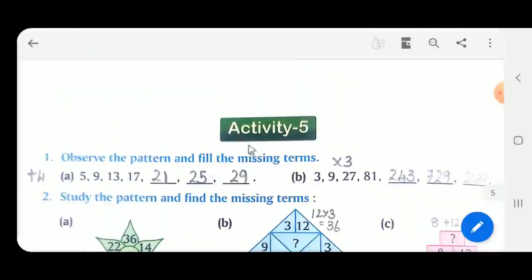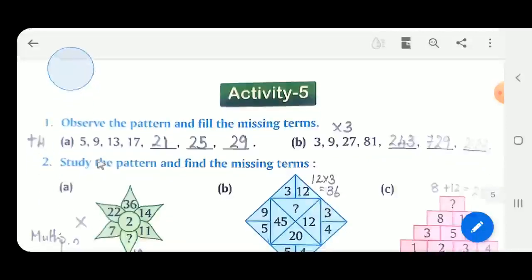Then activity 5, observe the pattern in the missing terms. 5, then comes 9, that means 5 plus 4 is 9. There is addition of 4. 17 plus 4 is 21, 21 plus 4 is 25, 25 plus 4 is 29. Similarly in the pattern D, 3, 9, 27 and 81 is there.